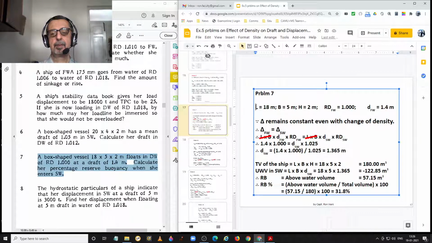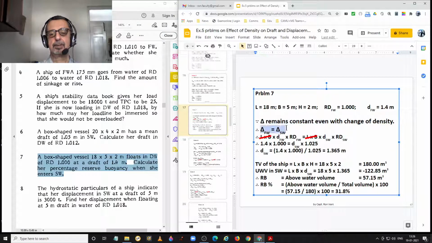The information that we can get from the problem is this: length is 18 meters, breadth is 5 meters, height is 2 meters. Relative density in fresh water is 1, draft in fresh water is 1.4. And we know that displacement remains constant even with change of density.